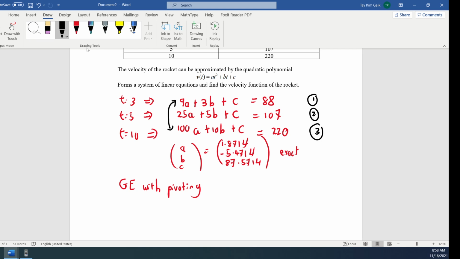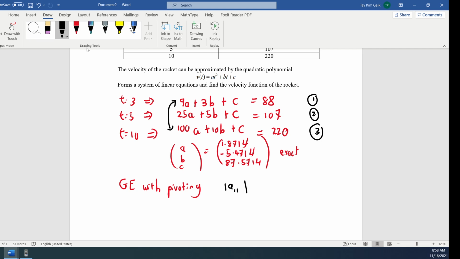With Gauss elimination with pivoting, you have to make sure the magnitude of a11 is the maximum before you reduce a21 and a31 to 0. If it is only Gauss elimination, no need to swap. You can directly make a21 and a31 become 0.